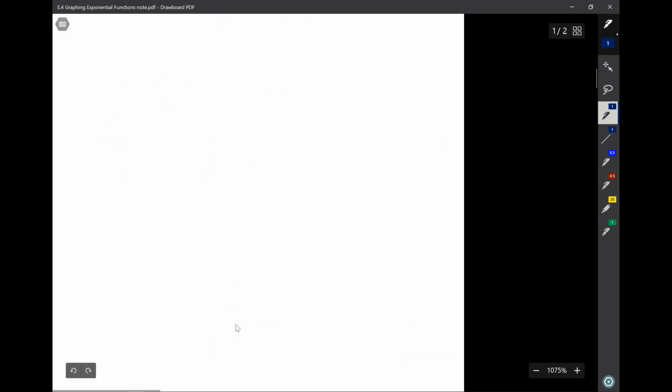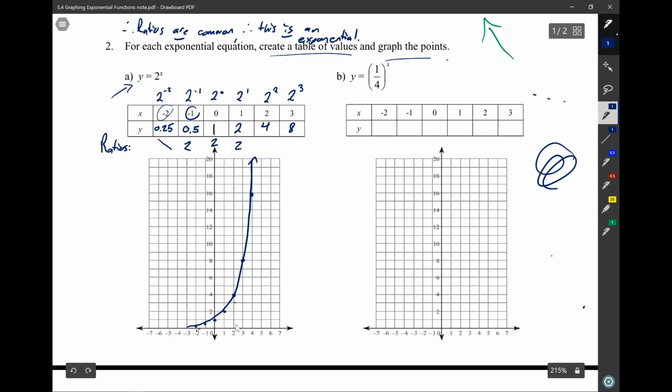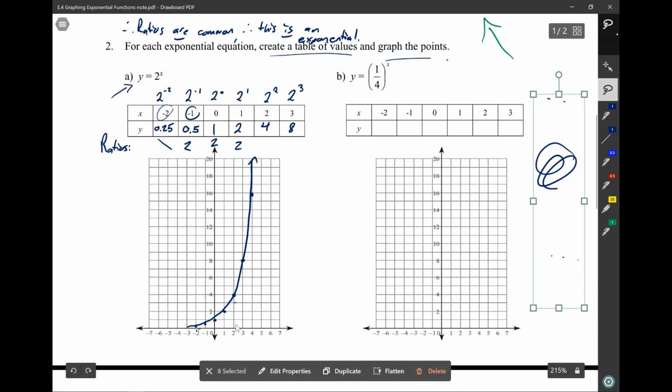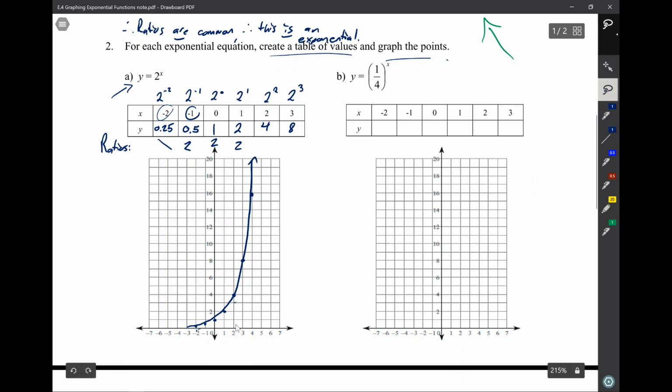We'll do one more example here, this one with a base of 1/4. That's 1 divided by 4. So when we're putting this into our calculator, we'll need to either make sure that we keep these brackets there, or we handle it in some way that lets us make sure we're calculating accurately here.